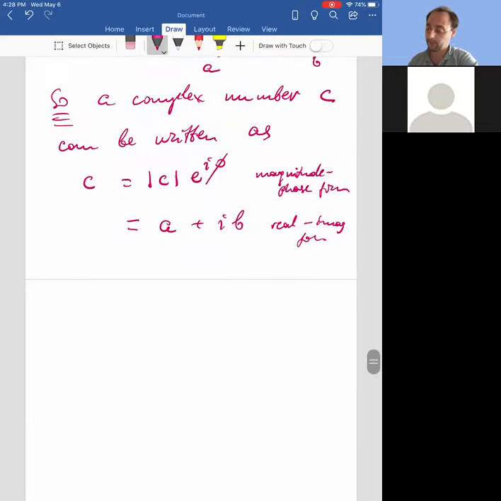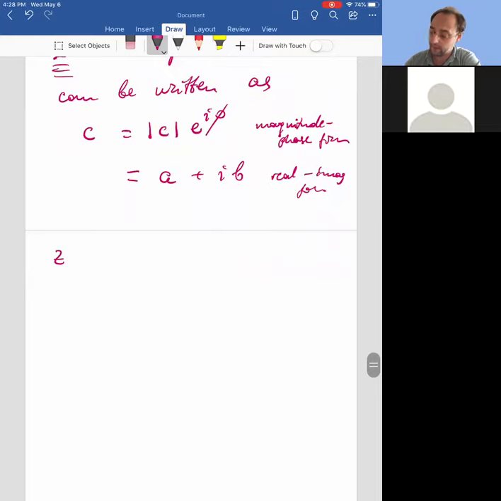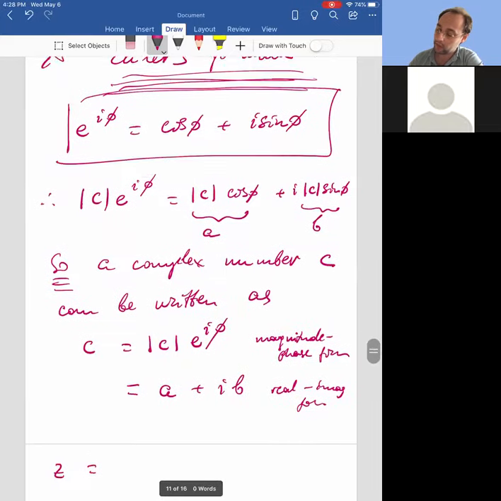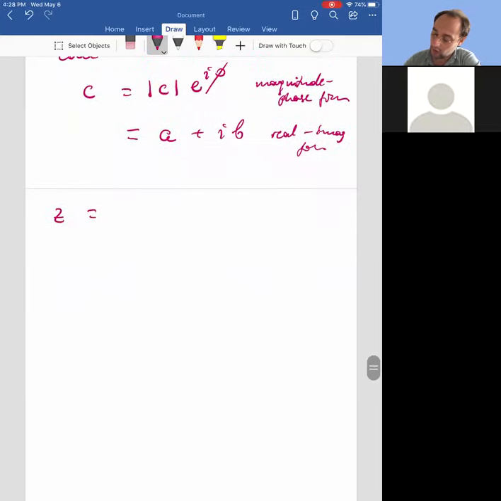Let's try. I'm going to give you a complex number z equals, say, 7 plus 5i. So this is a real-imaginary form. Let's find the amplitude and phase form. Well, first of all, we need |z| equals the square root of 7 squared plus 5 squared.